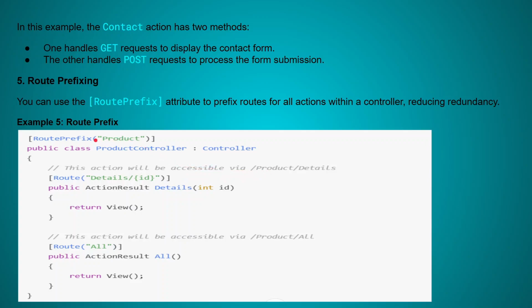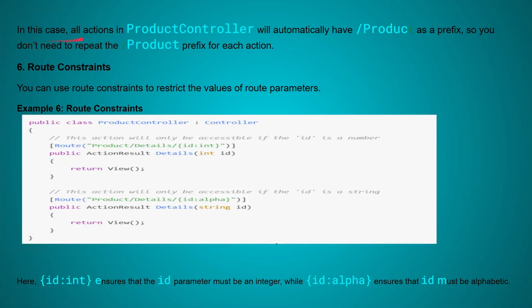This is taken from here and the details from here. And this action will be accessible via product. This is taken from here and all is taken from here. In this case, all actions in the product controller will automatically have /product as a prefix. So you don't need to repeat the product prefix for each action.